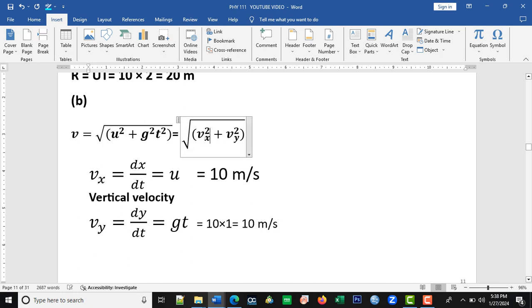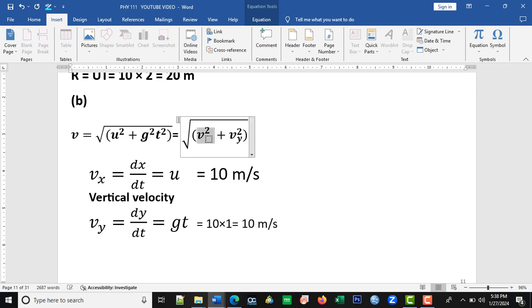Let me just edit what we have here and put 10, and then edit this and put 10. 10 square is 100, and 10 square is 100.